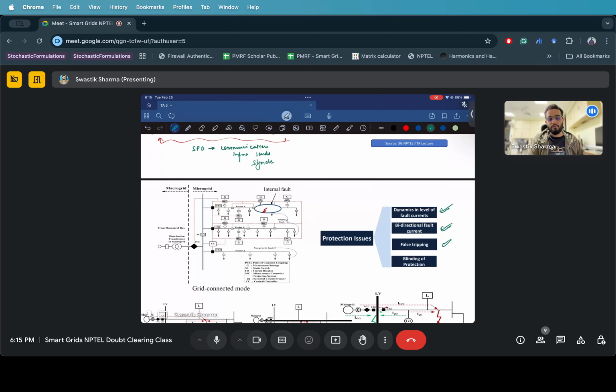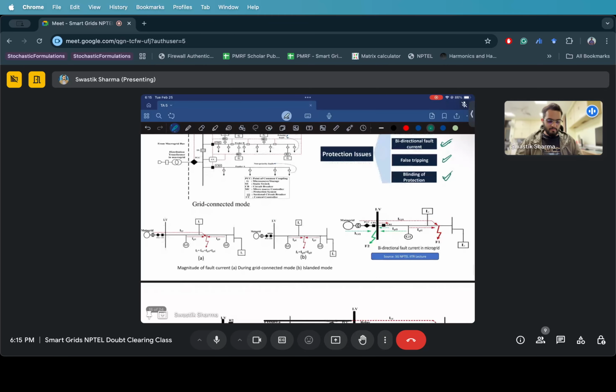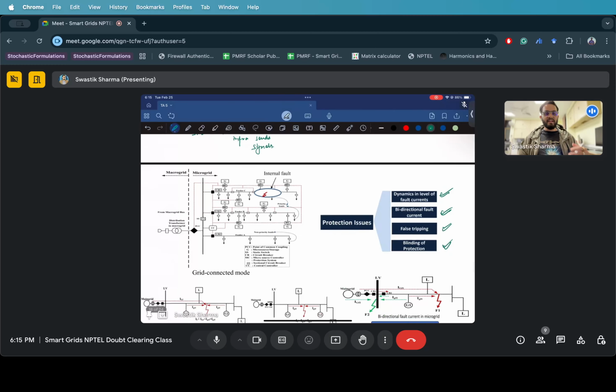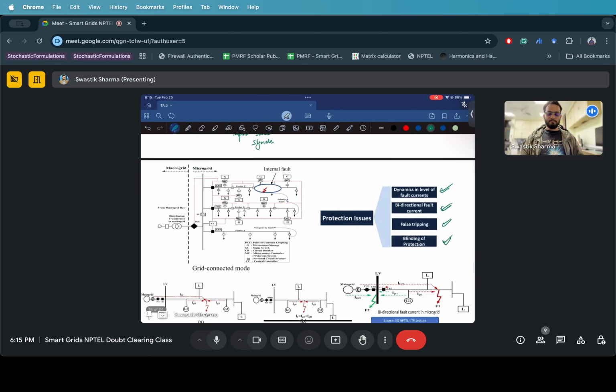We can also have false tripping of a feeder which is not supposed to be tripped, and we can have blinding of protection as well. We'll discuss each of them one by one, but there are certain issues that arise in microgrids with which you will not be able to make use of the standard equipment available at your disposal.